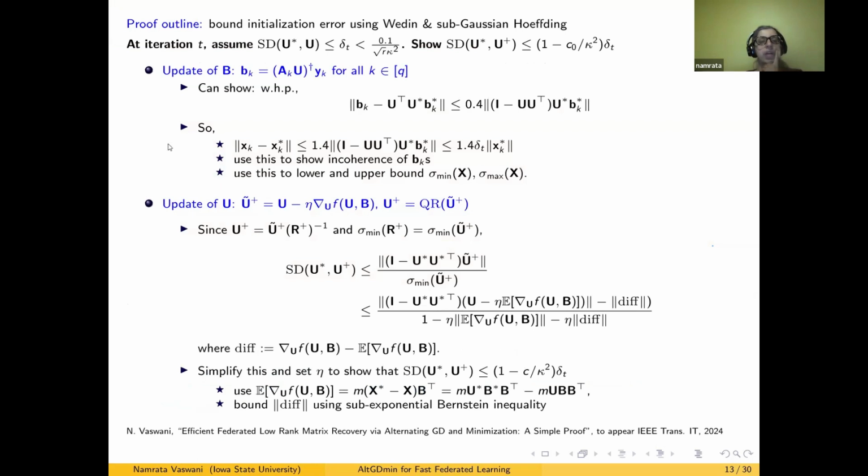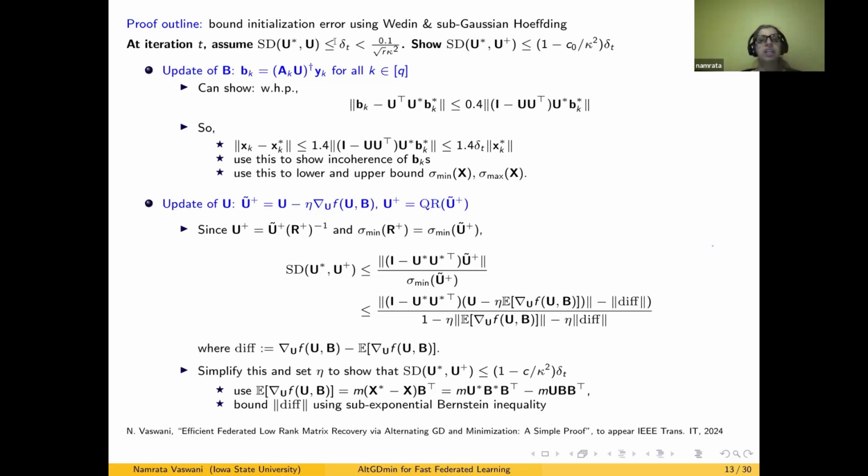Here is a quick outline of the proof. You're bounding initialization using Wedin's sin theta theorem, and then bounding each term using the sub-Gaussian Hoeffding inequality. The rest of the argument is an iterative argument.